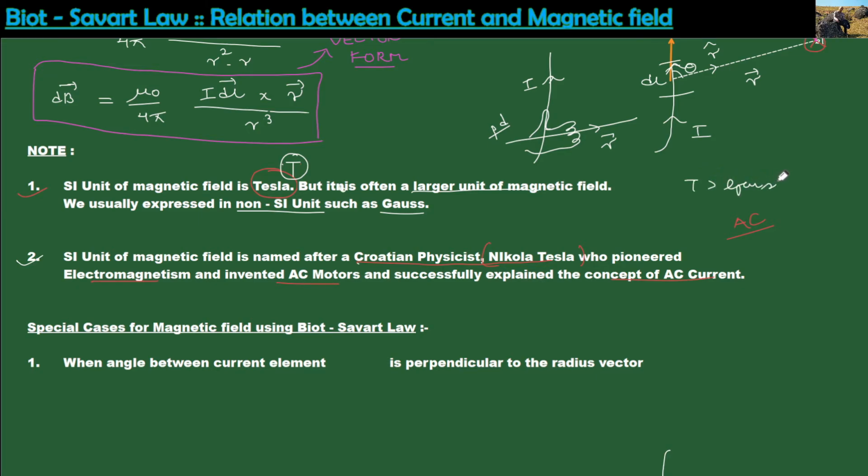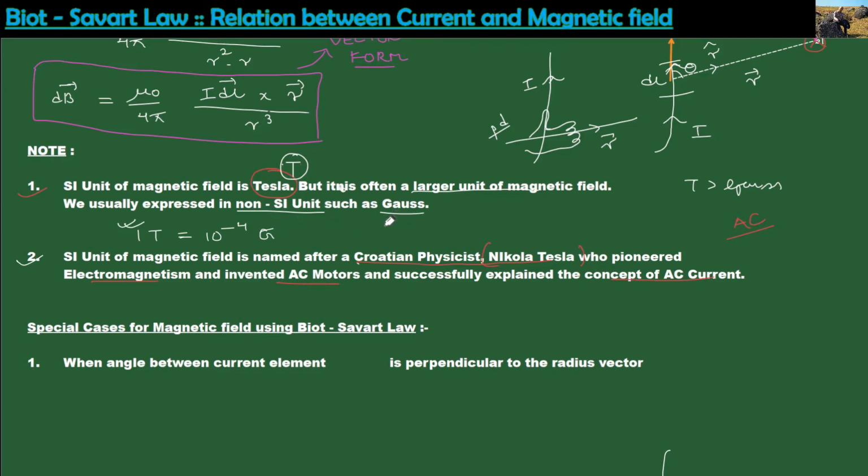One Tesla is equal to 10 to the power minus 4 Gauss. Looking at these values, this conversion is very, very important: 1 Tesla is 10 to the power minus 4 Gauss.